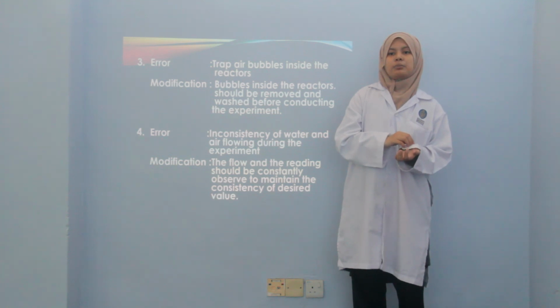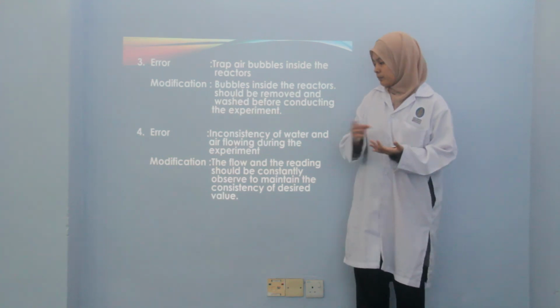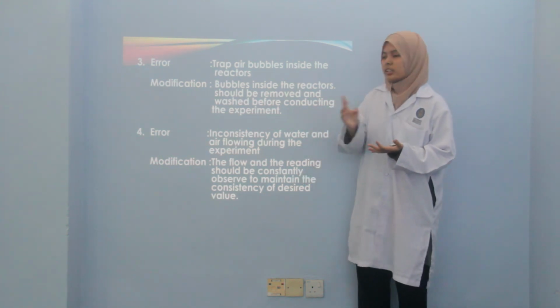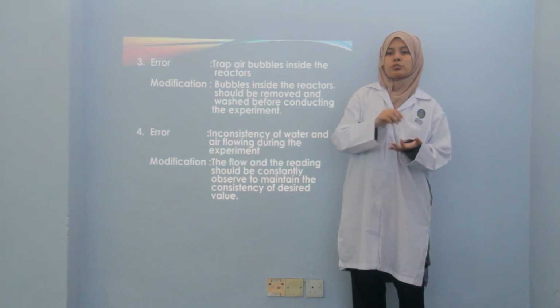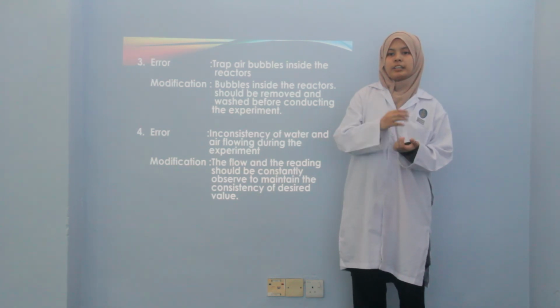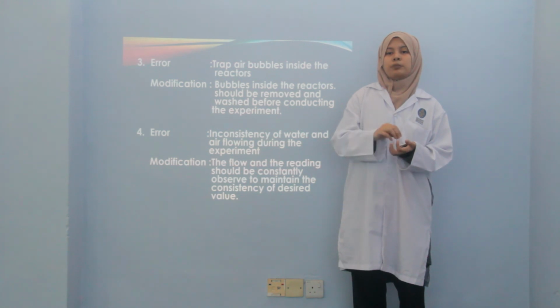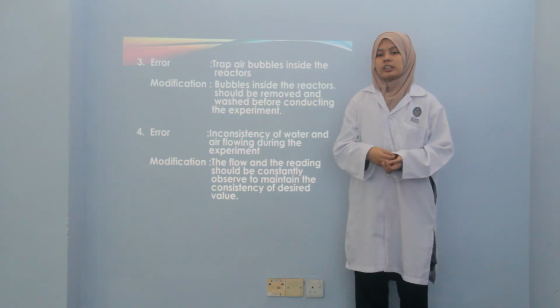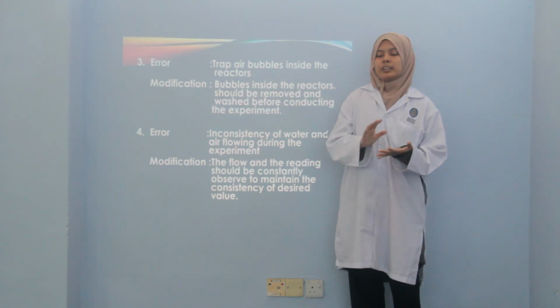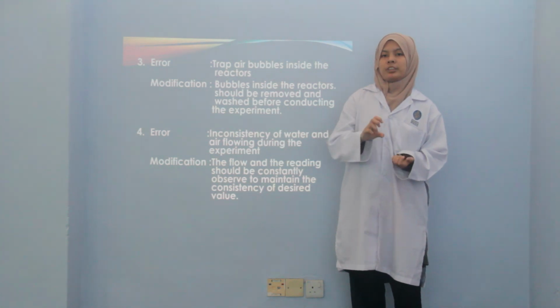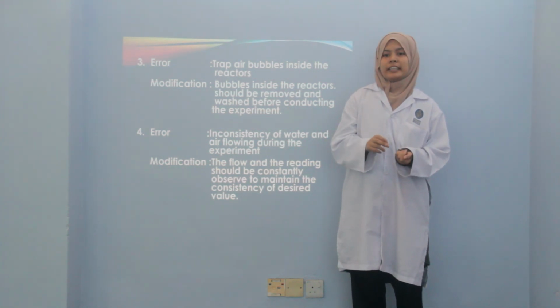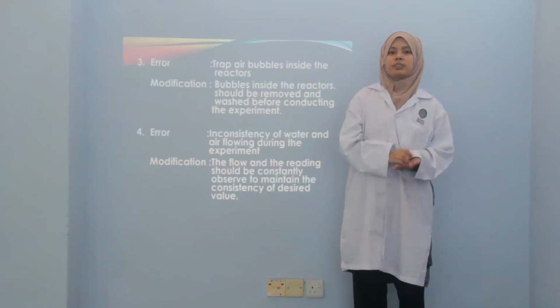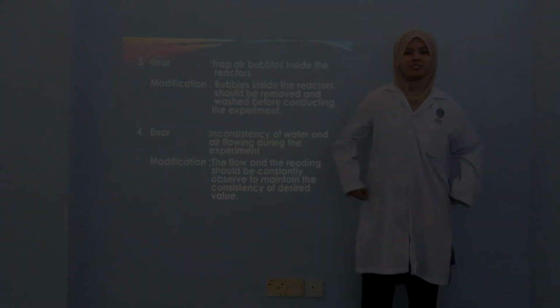This error can be avoided by constantly observing the flow and the reading of the reactor so that we can maintain the consistency of the desired value. So the conclusion is basically we have to minimize our error so that we can get the desired output. So that's all from me. Thank you.